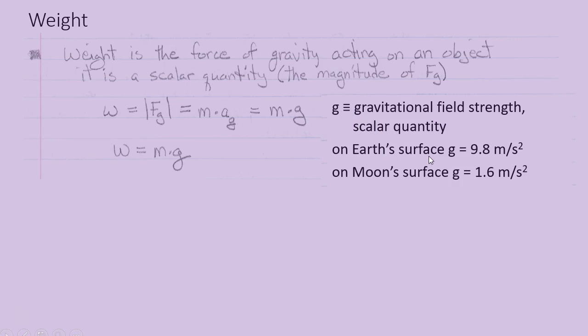On the Earth's surface, g is 9.8 meters per second squared. On the Moon's surface, g is 1.6 meters per second squared. And of course, the gravitational field strength depends on the planet or moon you're referring to, and also how far you are from the center of that planet or moon. So just a note here, in college texts or AP information, including AP exams, you will not see g with a minus sign in front of it.